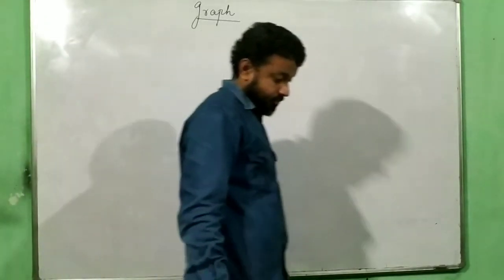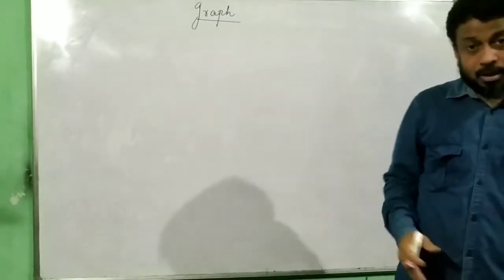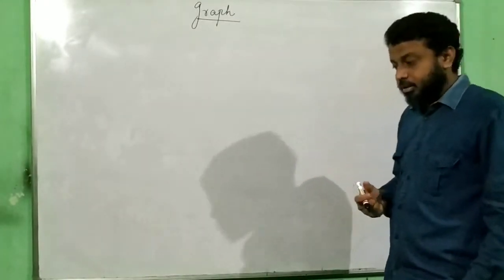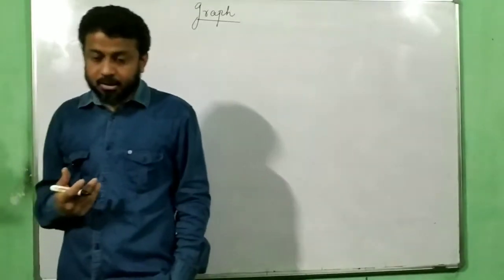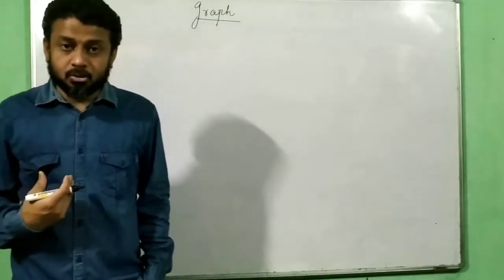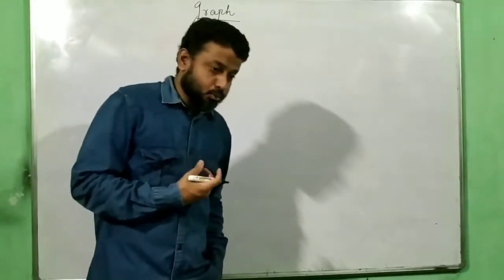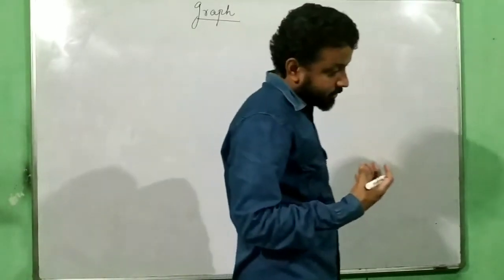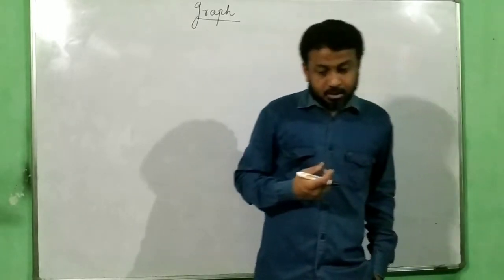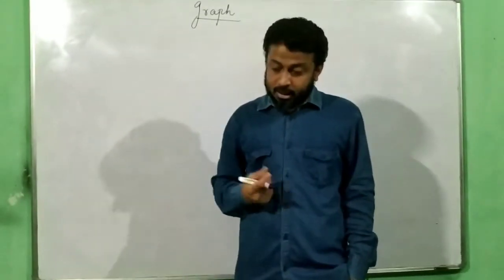In graph, why do we have to study graph? See, when a motion takes place, I may have some liberty to take note of the motion. Depending upon my liberty, I may note down the position and the time, that means where the particle is at how much time.